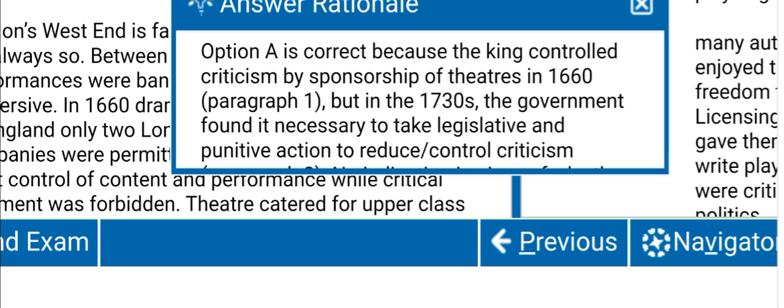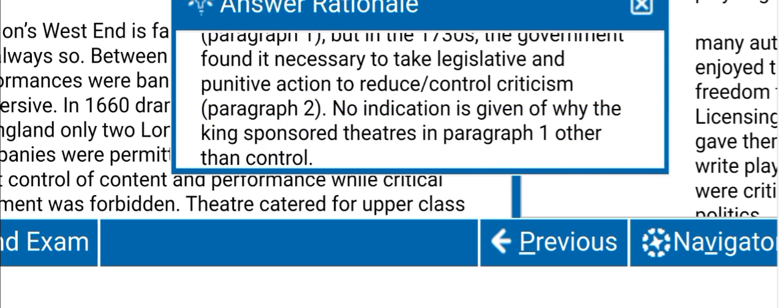But in the 1730s, the government found it necessary to take legislative and punitive action to reduce or control criticism. No indication is given of why the king sponsored theatres in paragraph 1 other than control.